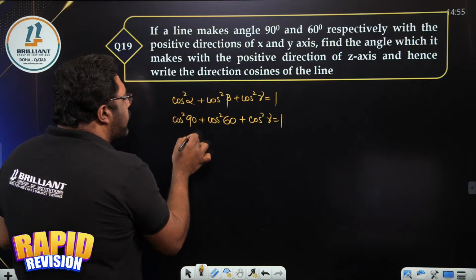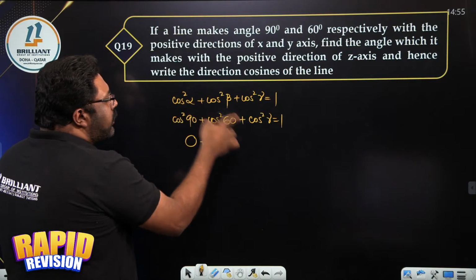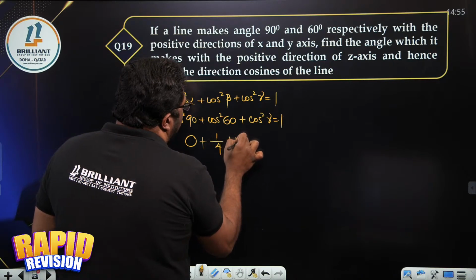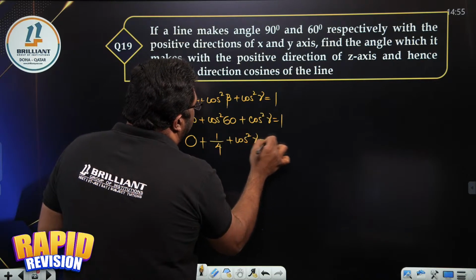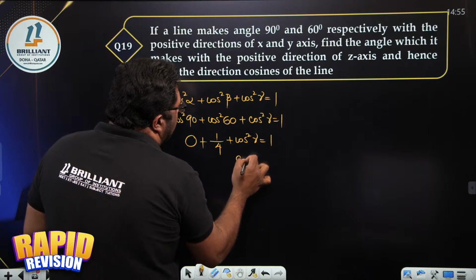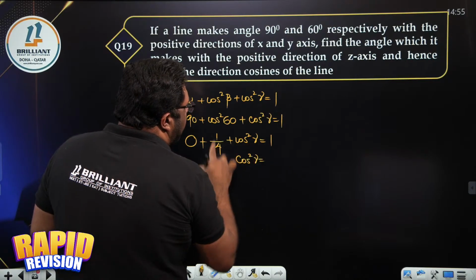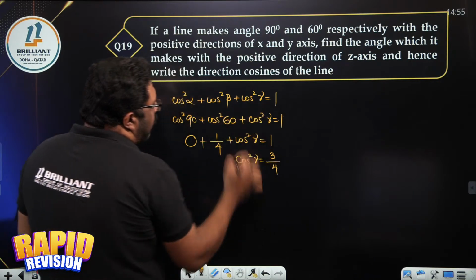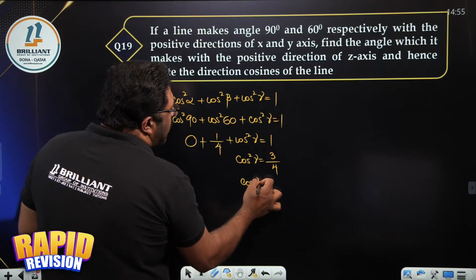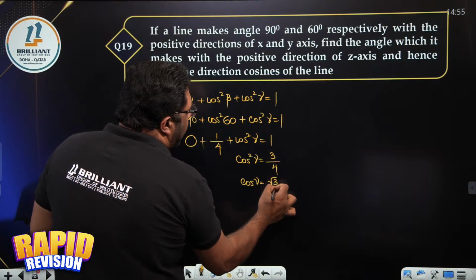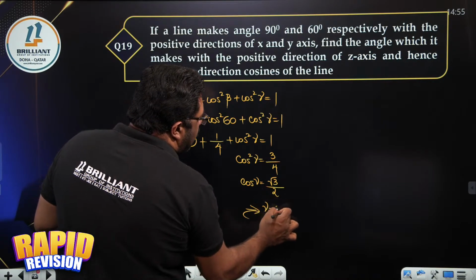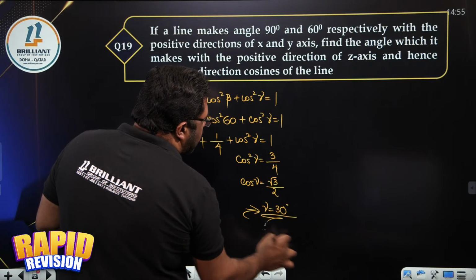Cos squared 90, cos 90 is 0. Cos squared 60, cos 60 is 1 by 2, so it's 1 by 4 plus cos squared gamma equal to 1. So cos squared gamma is equal to 1 minus 1 by 4, which is 3 by 4. So cos gamma is root 3 by 2, which implies gamma is equal to 30 degrees.